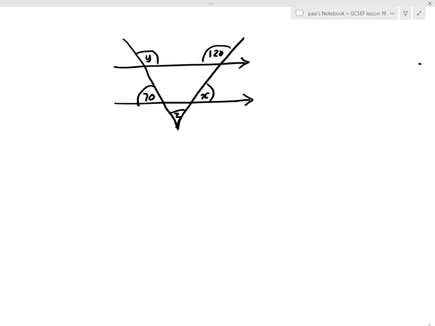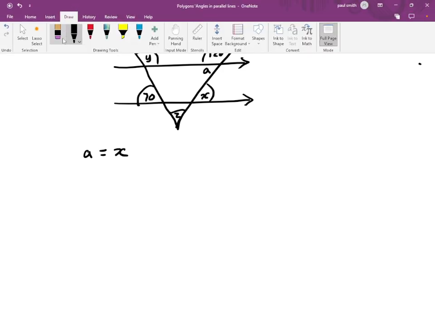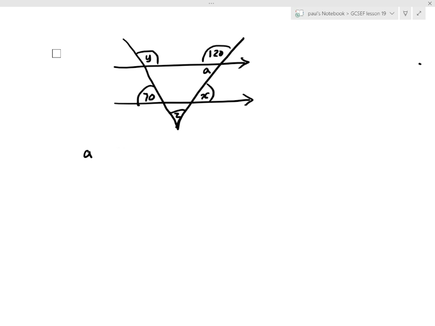So we'll call that A. So A equals X, and that doesn't get anywhere, does it? So first of all, let's go back a step.